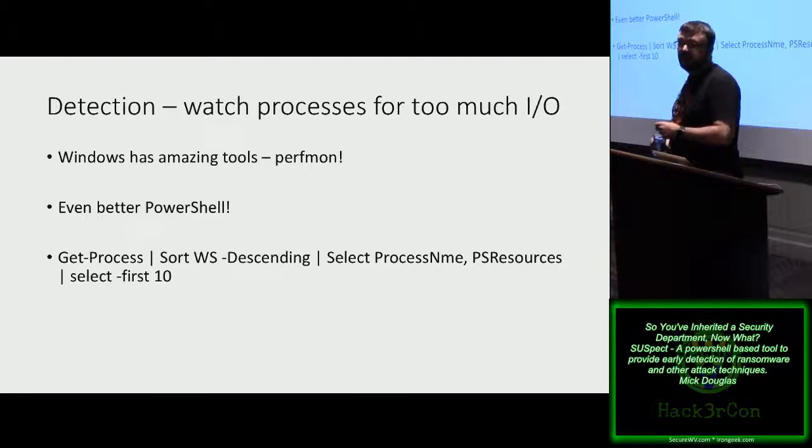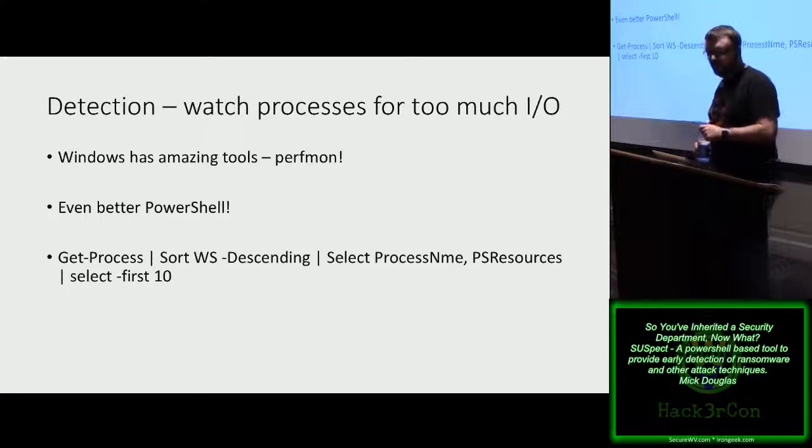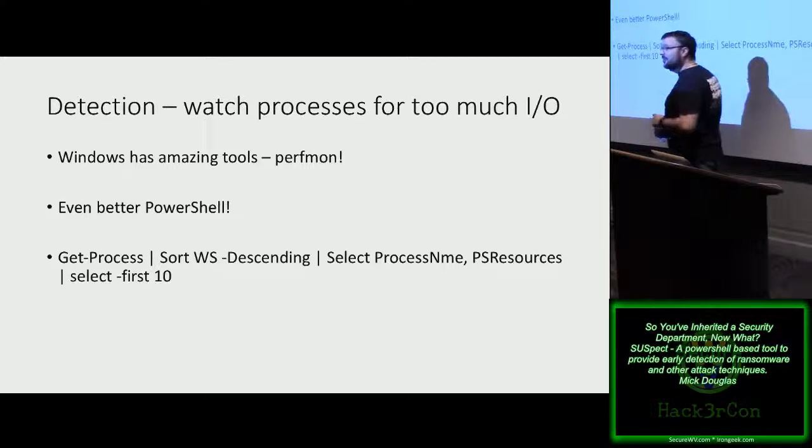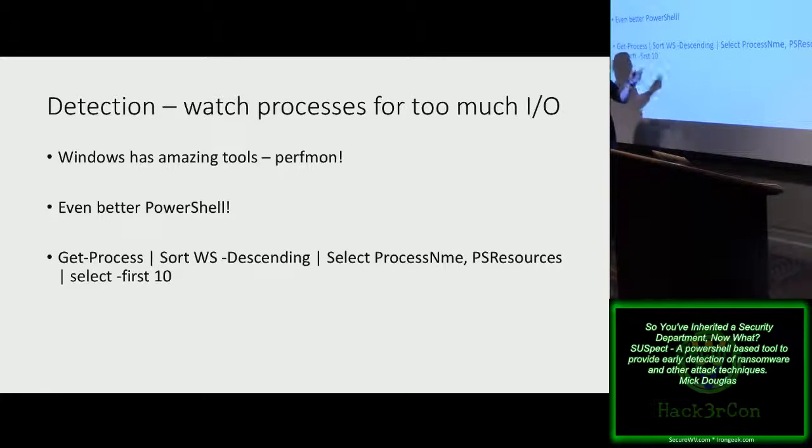That's what this PS resources is. So you're grabbing the 10 most greedy in terms of files that are open for each process. Run this a couple times on a host and you've got yourself a baseline. Run it again later and you can see if people are deviating from it.